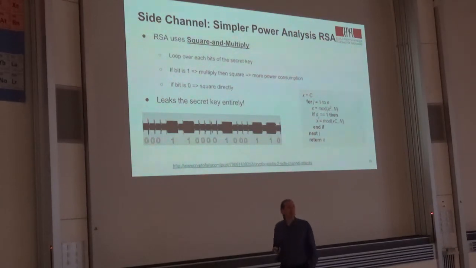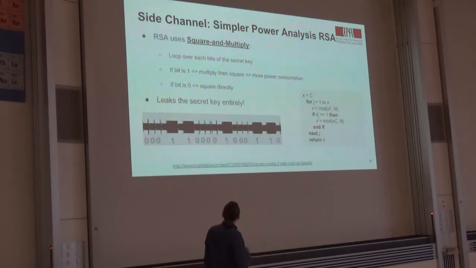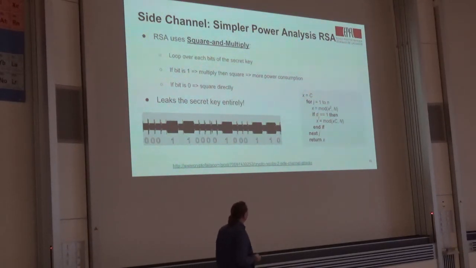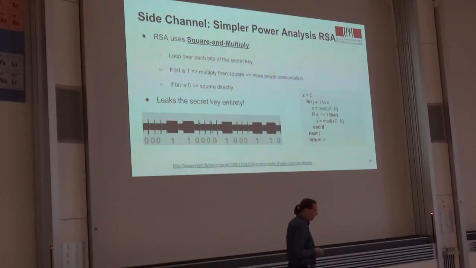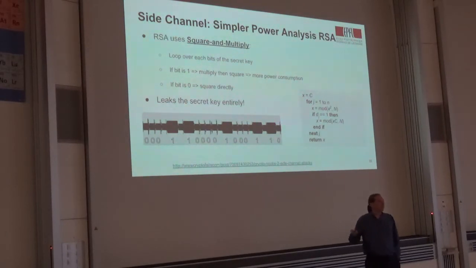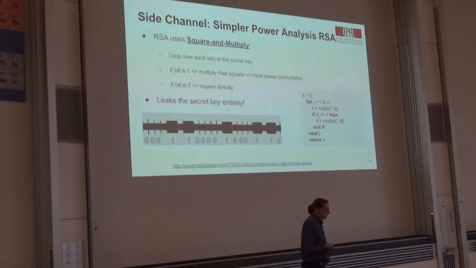Back to our old friend RSA. We've brought it up several times. Like I said, if you have that vulnerable square and multiply loop, the cache is only one of many timing channels through which that information might leak.